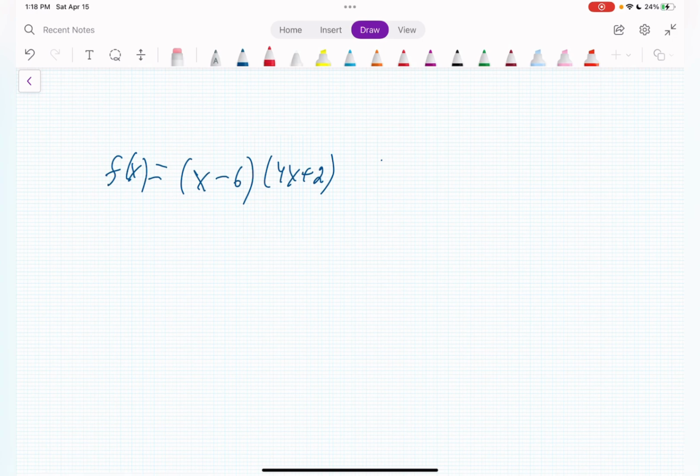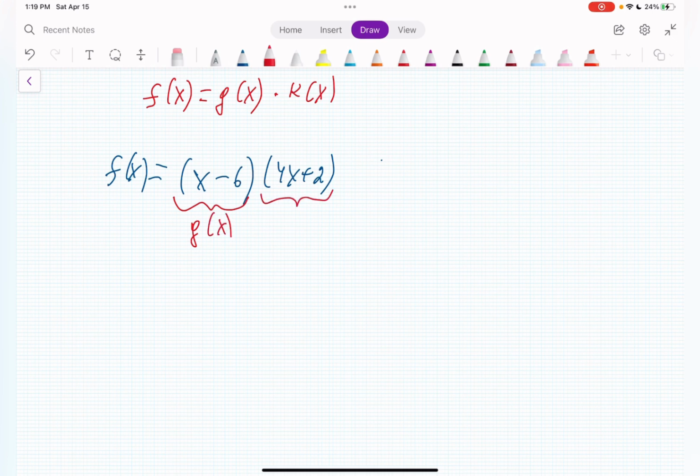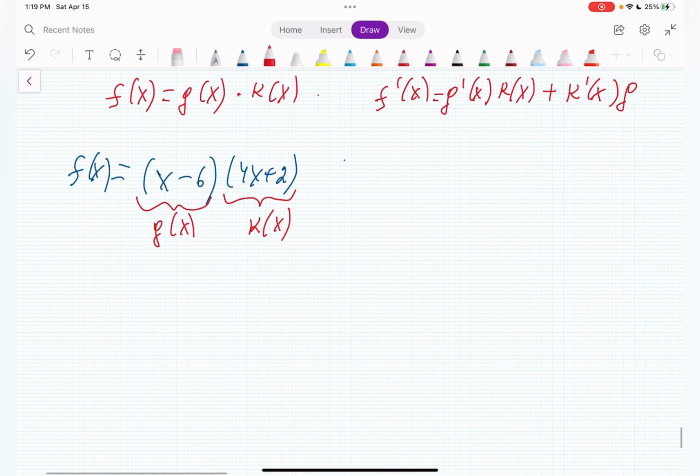Okay, let me remind you the formula for the product rule. F of x is equal to g of x times k of x, where this will be my g of x and this will be my k of x. f prime of x will be equal to g prime of x times k of x, and then plus k prime of x times g of x.